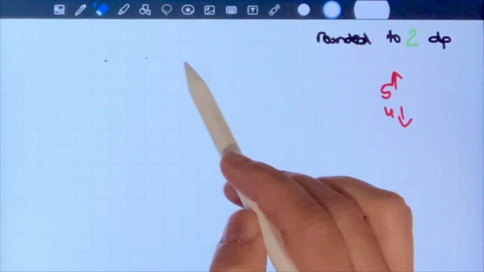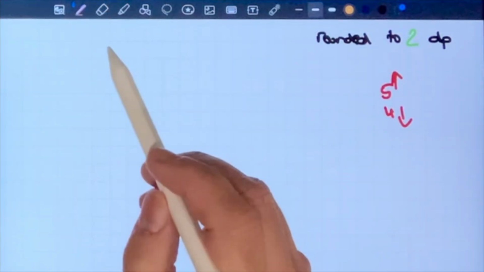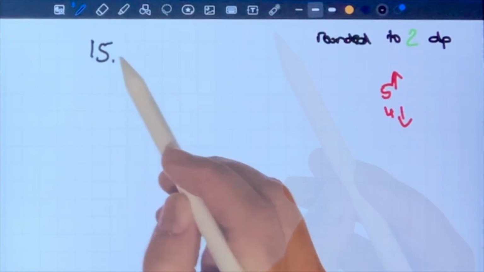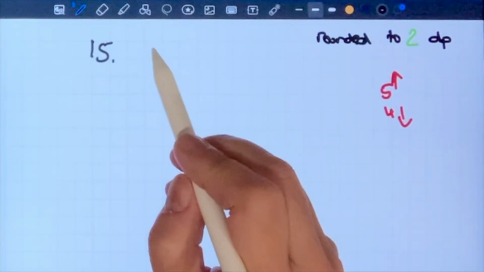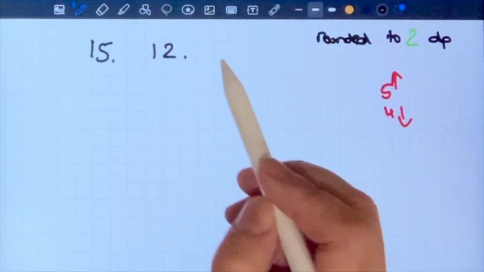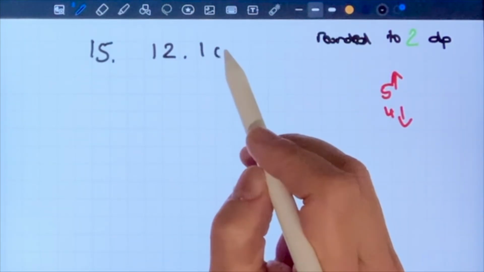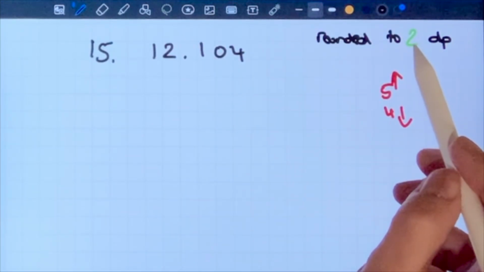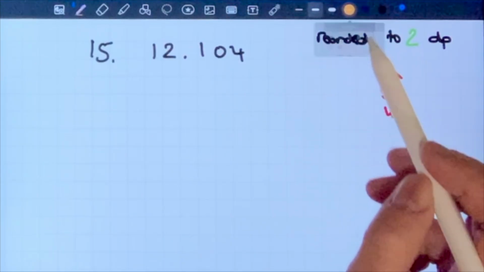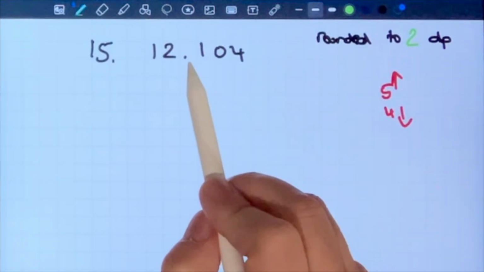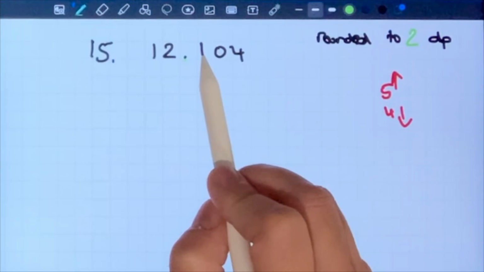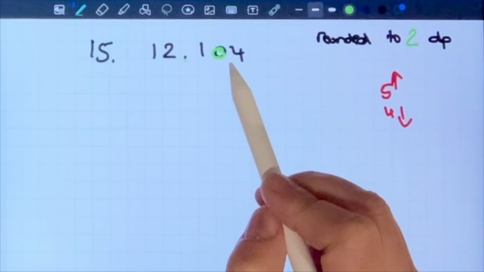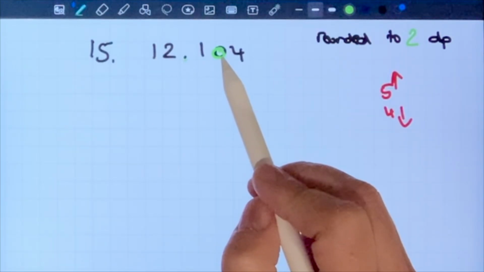In fact, it's the last example of doing 2 decimal places. So question number 15. We have the number 12.104, and we want to round it to 2 decimal places. So there's my decimal, so that's 1 decimal place and 2 decimal places. So this is the digit that's going to get rounded up or down.